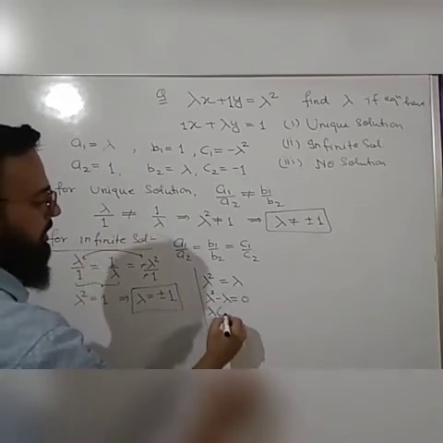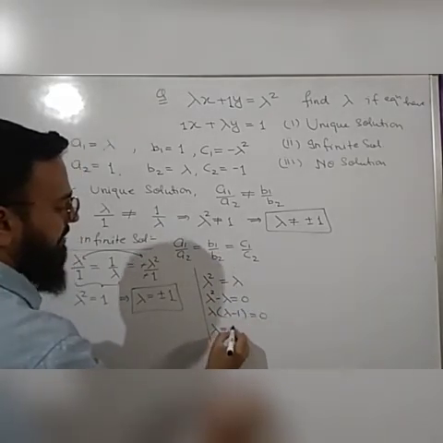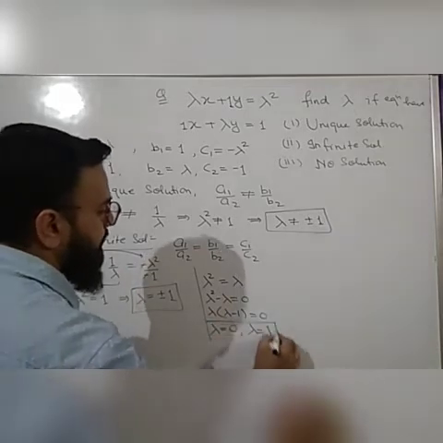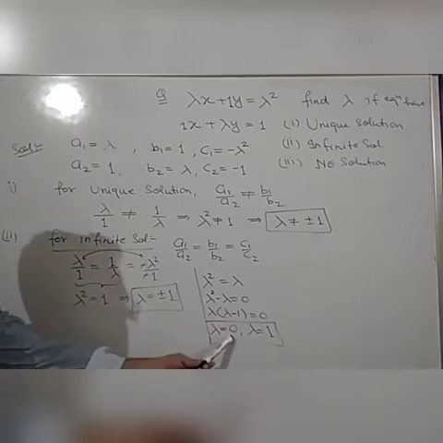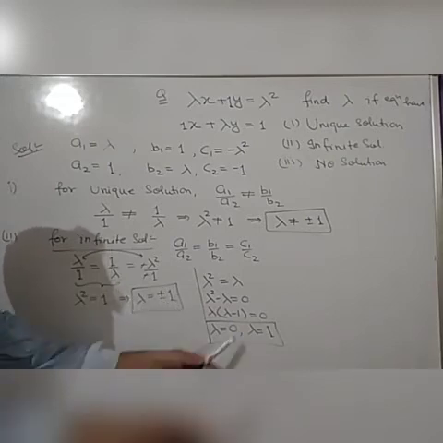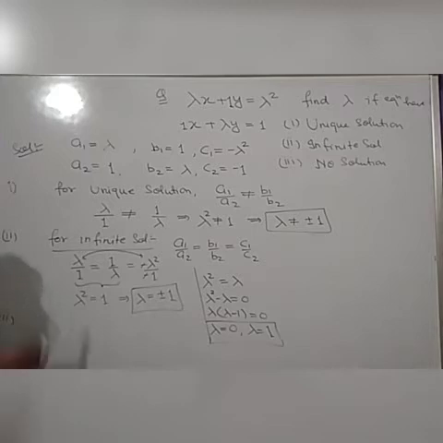Taking lambda as common, it will be lambda into lambda minus 1 equal to 0. So the values of lambda will be lambda equal to 0 and lambda equal to 1. It means for infinite solution, these are the values of lambda: 0, plus 1 and minus 1. These 3 values are for the infinite solution.